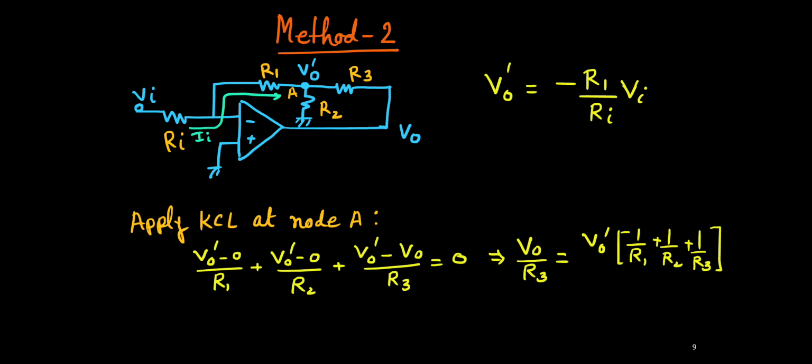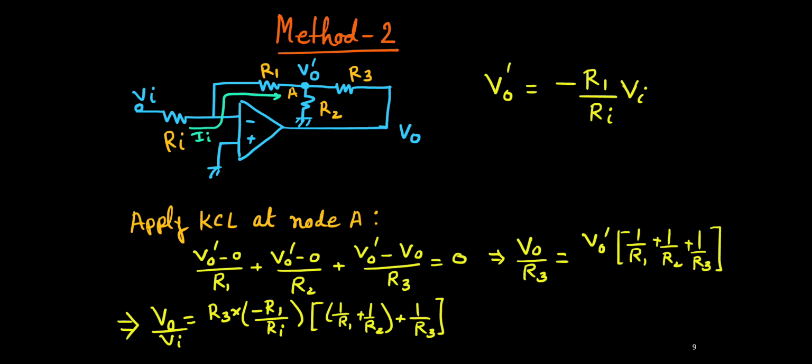So V0 upon R3 we can write equals V0 prime times 1 upon R1 plus 1 upon R2 plus 1 upon R3. Now we can replace V0 prime simply, and then find V0 upon Vi. So V0 upon Vi is simply, multiplying R3 to the right side, minus R1 upon Ri.